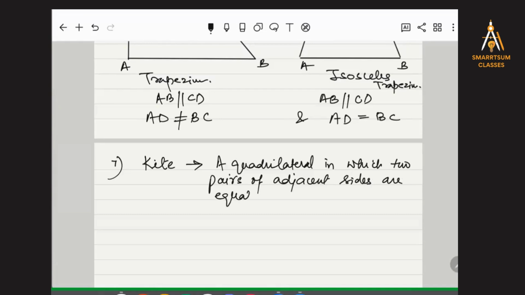Now, in this type of figure, we are not talking about the opposite sides. We are talking about the adjacent sides, right? So, a quadrilateral in which both pairs of adjacent sides are equal, right? Two pairs of adjacent sides are equal. That figure is a kite, right?